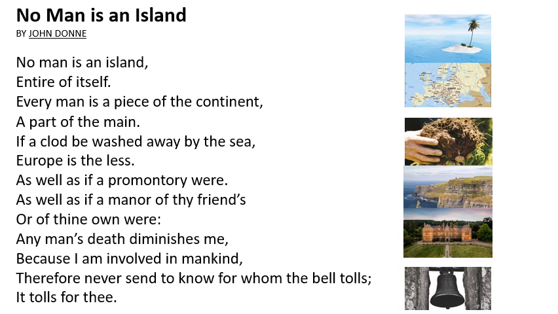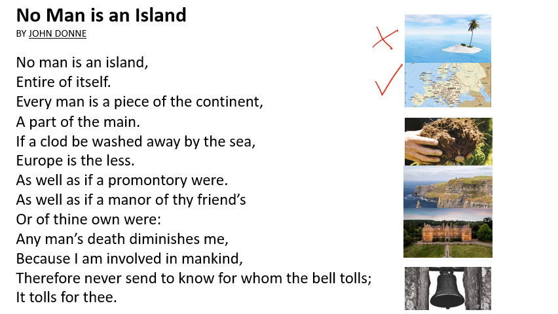And then I've got the clod of earth, I've got the promontory, I've got the manor, could be mine or it could be my friends. And then at the bottom, we've got the tolling bell. So you'll notice also that I've got breaks in between mine. I've lumped them together because I think that he does use a series of contrasts in the poem. So at the beginning he says, no man is an island, so no man is that. Instead, everybody is that, part of a continent.